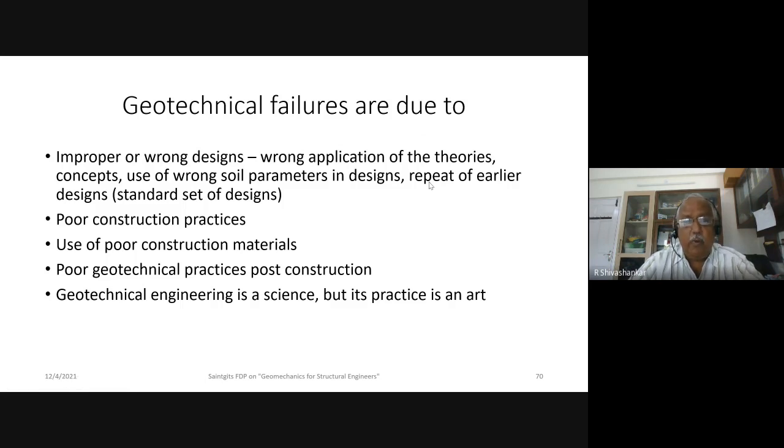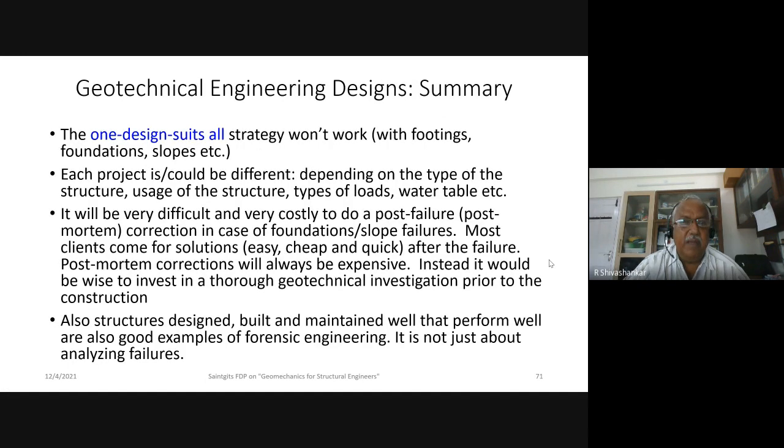We are supposed to have over design, but still there will be failures because maybe the quality of construction is poor or the quality of materials is poor. Sometimes we might have constructed it very well, we might have designed it very well, but still there will be some failures because of some wrong decisions, wrong judgments. So I would say poor construction practices. We'll see some of these in later slides if time permits.